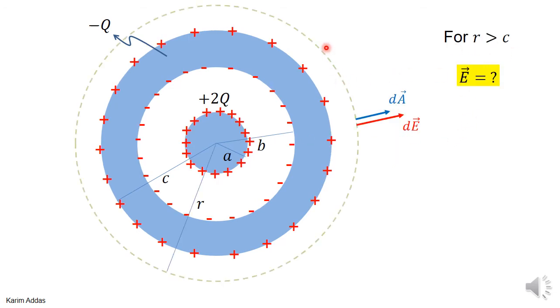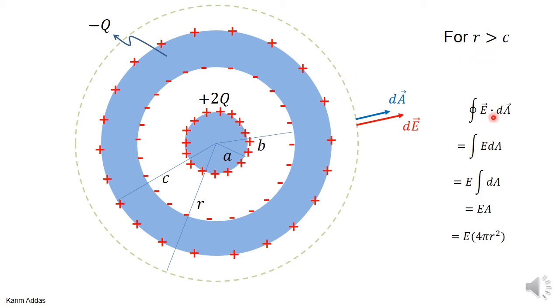If I want to go outside all the conductors, I'm going to make a spherical Gaussian shell with the radius R, but now R is bigger than C. And I want to apply Gauss's law for this spherical shell. So the same thing exactly as before. The direction between E and area vector is in the same direction, so the angle is zero, so E dot dA becomes E dA.